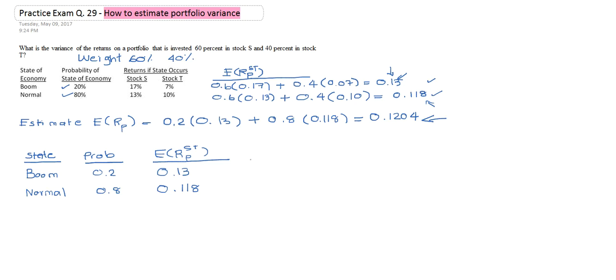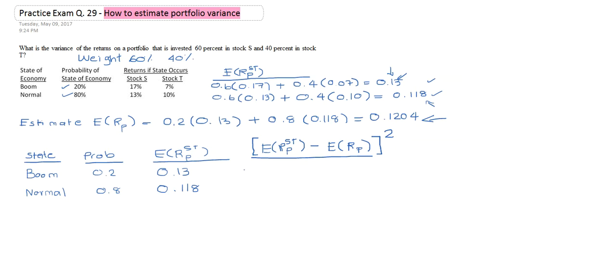If you want to find the variance, you subtract the expected portfolio return for all states of the economy, which is basically the average, from the portfolio return of each state, and then you square this.